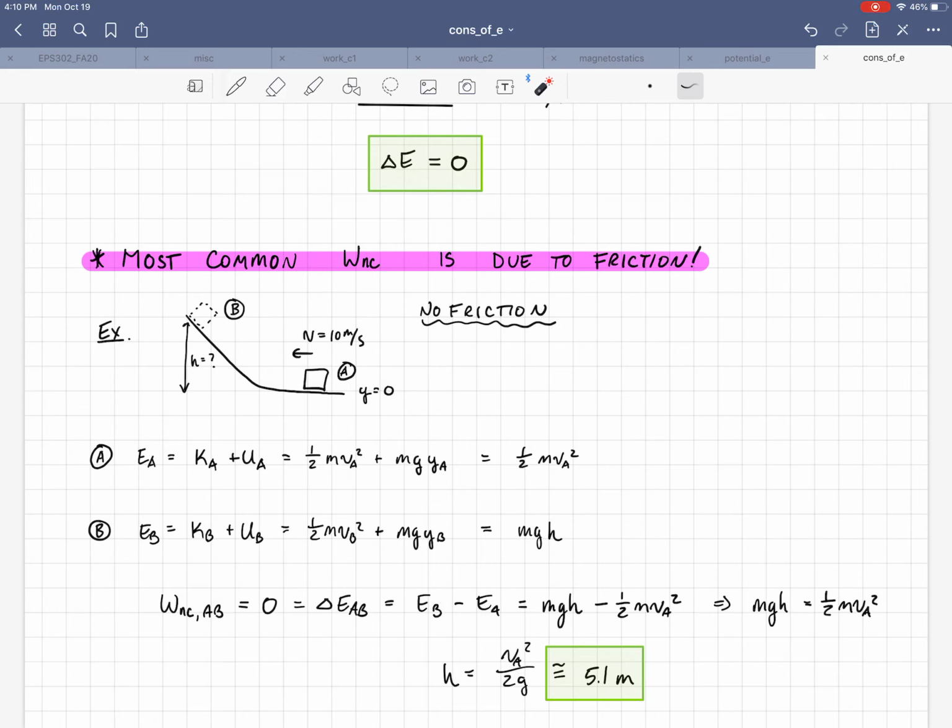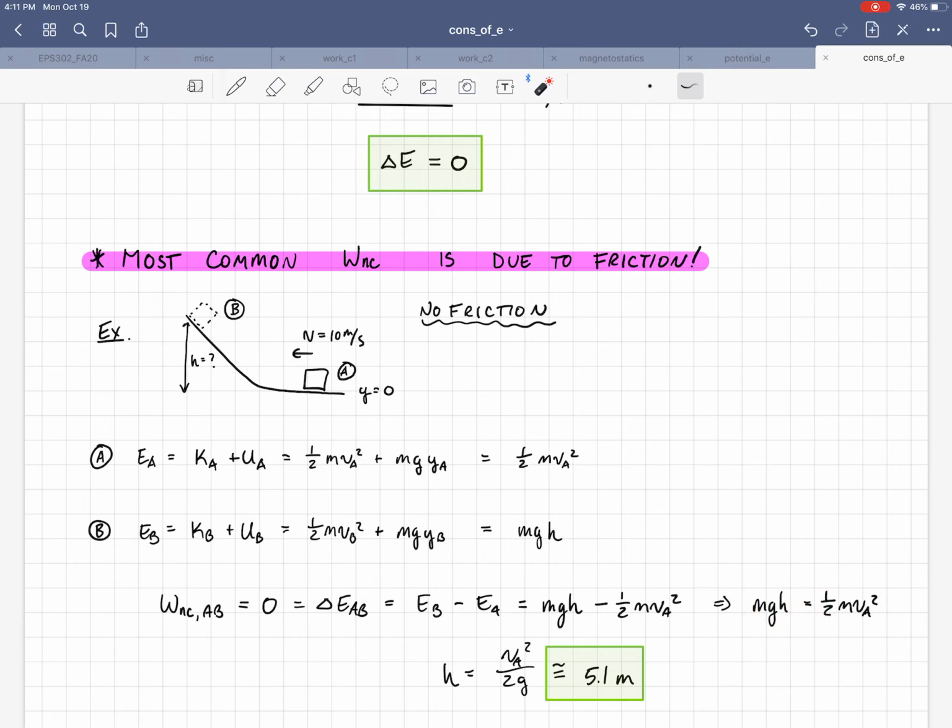Now, conservation of energy tells me that the work done by non-conservative forces, which in this case there are none, is equal to 0. That's got to be equal to the change in the total energy of my system. My total energy in state B is mgh, and my total energy in state A is 1/2 mv_A squared, and that difference has to be 0. That tells me that mgh, the final potential energy due to gravity, has to equal the initial kinetic energy.